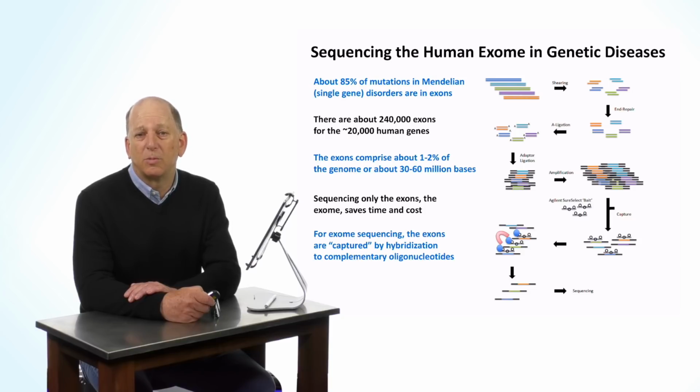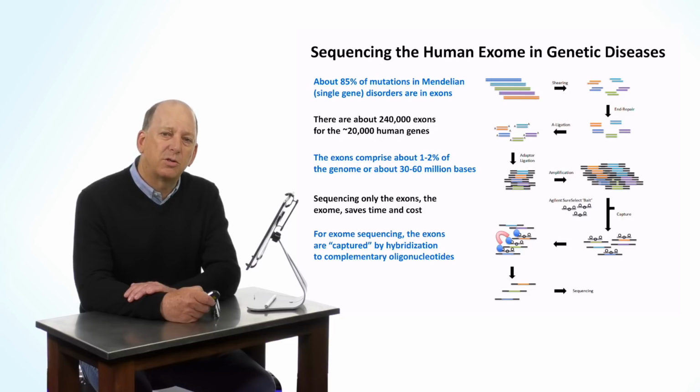Since the human genome sequence and other data identified most of the exons, we know their sequences, and this information was used to design synthetic DNA fragments to capture them by hybridization. First, as for genome sequencing, the DNA is sheared into small pieces and adapters added to the ends.